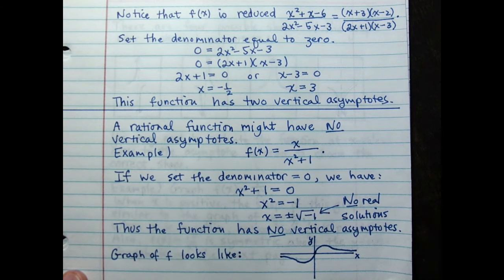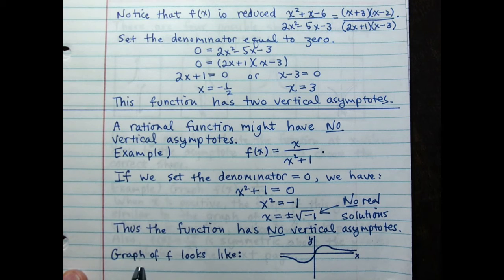There are no real solutions to that equation. So you can express the solutions with i, but remember those imaginary numbers don't appear on graphs. So there's no real solution to this equation. So the function has no vertical asymptotes.